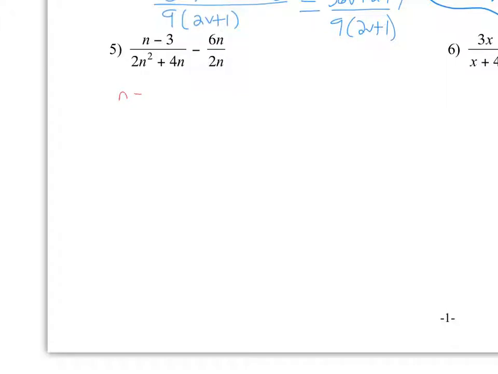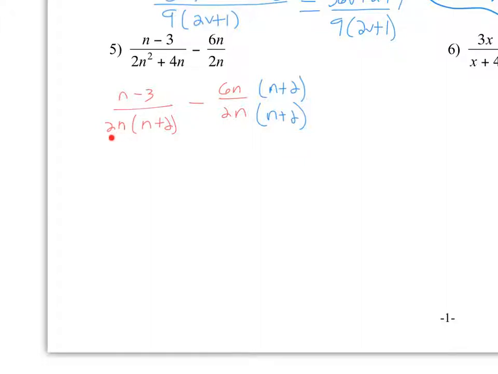So n minus 3 over 2n. Hey, look, that's going to be part of our common factor, times n plus 2 minus 6n over 2n. Oh, look, I don't need to do much other than multiply this by the n plus 2 part. N plus 2. Okay. So I'm going to clean this up. Hey, I've got a common denominator now.